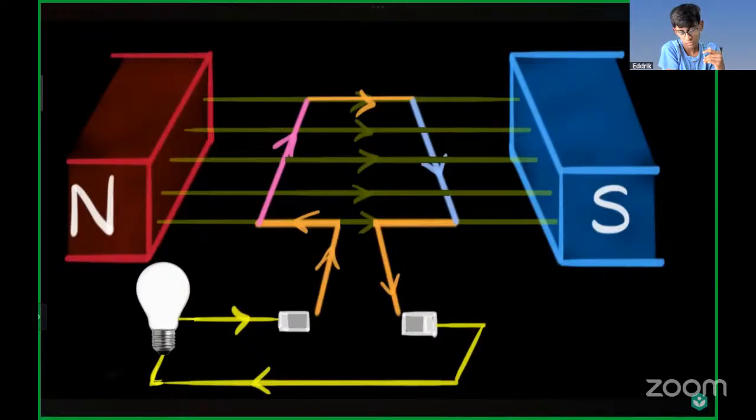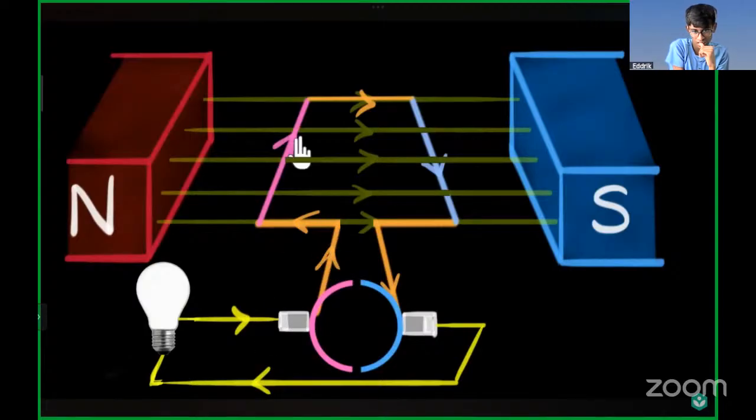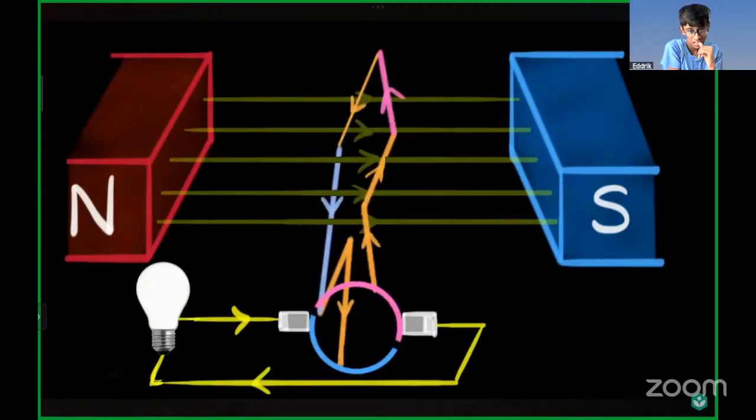We can do that by attaching split rings. Split rings, as the name suggests, are a ring that is split in between, giving two half rings with some gap in between. Right now, this brush is in contact with the pink side. But as the coil rotates and comes to this position, the current reverses, and now the brush is in contact with the blue side, making sure the current still flows in the same direction through the bulb.